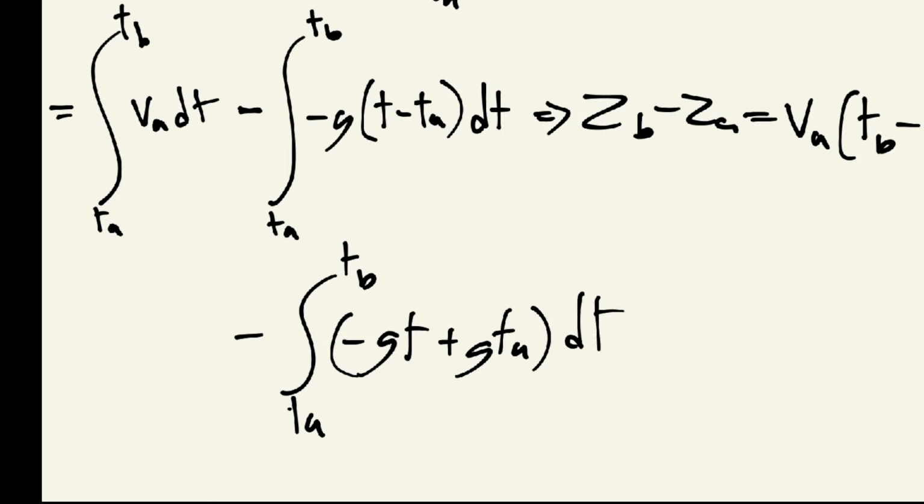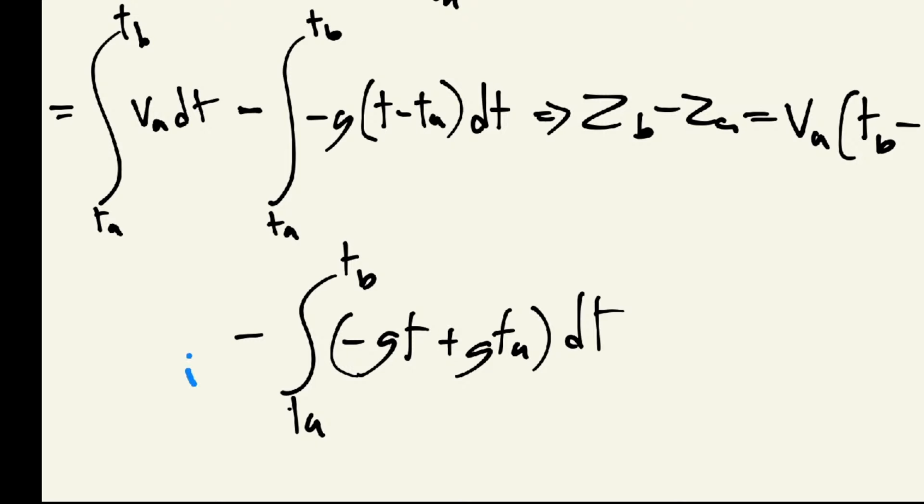And yeah, now the g could still come out, but we still have a problem. How do you integrate this type of situation?